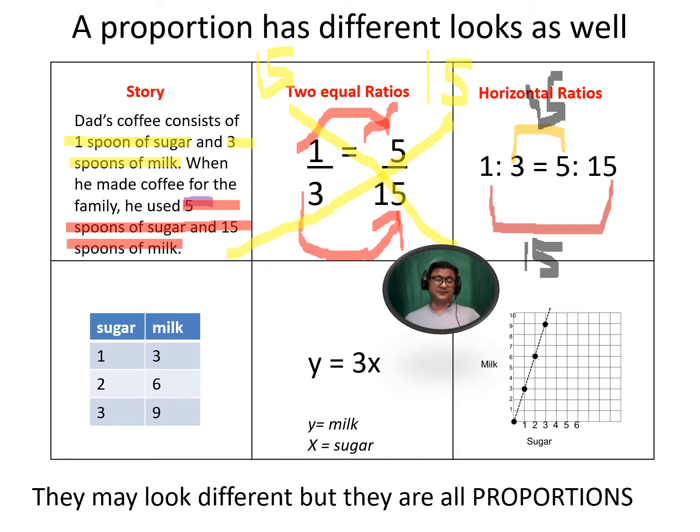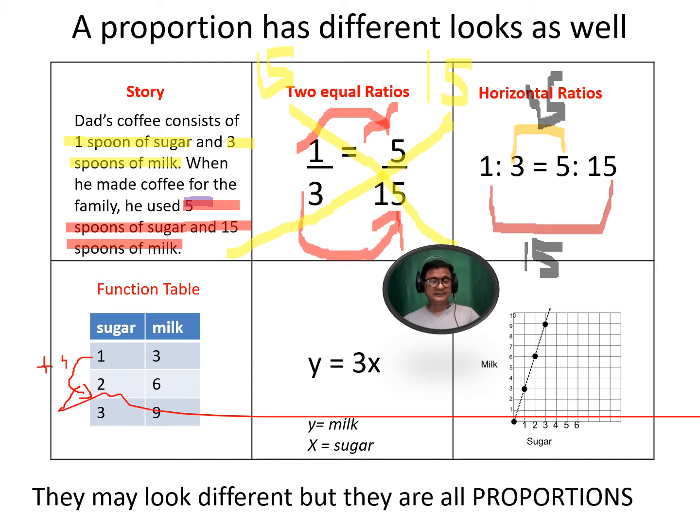Yes. Now, a proportion could also disguise itself as a function table. It is a table because, check this out, this grows up by 1, but this grows up by 3. 1 plus 1 becomes a 2, and plus 1 again becomes a 3. It's hard to write with a mouse.